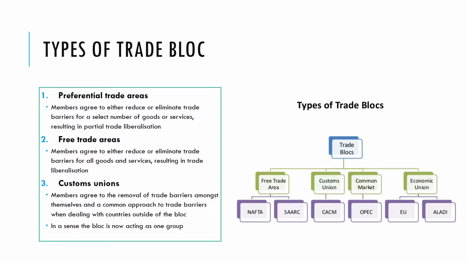Tariffs on all goods and services have been removed, but also now an external tariff has been applied for any non-members of that trade bloc. So there are no barriers between trade for members, but also they now have a common external tariff. They agree to have a tariff that applies just to non-members.